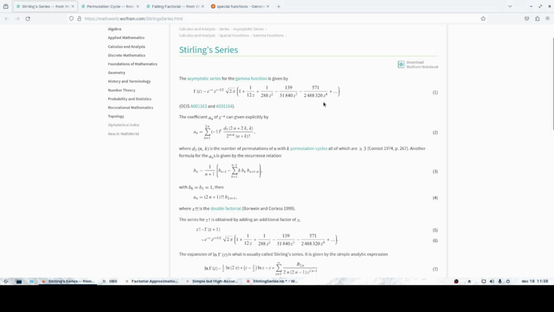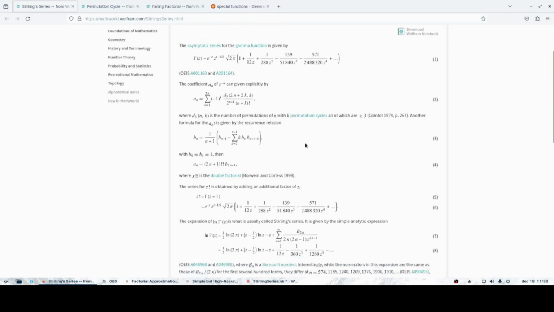I don't know why just the first four elements are exposed here, but in this MathWorld Wolfram document we get another formula to calculate these numbers, the Stirling coefficients. Not just the first four, but many of them.